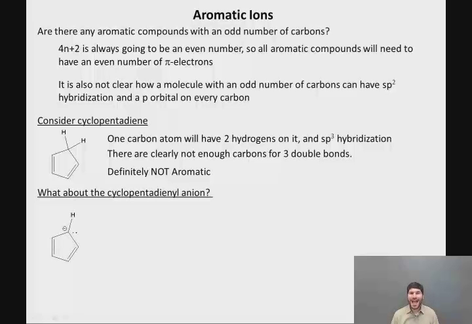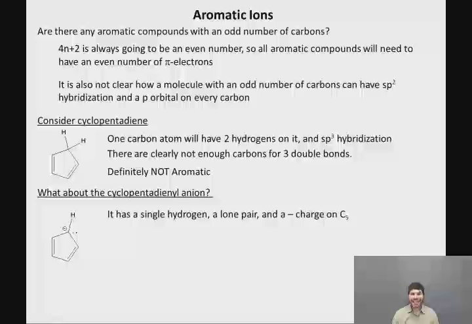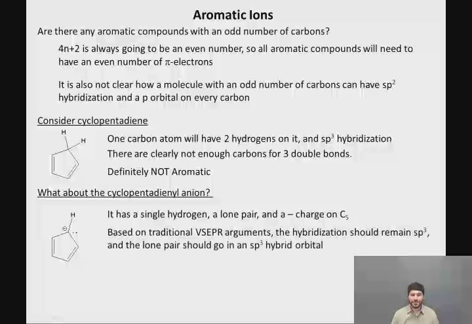However, what about the cyclopentadienyl anion? It has a single hydrogen, a lone pair, and a negative charge on C5, which had 2 hydrogens on it in the neutral compound.